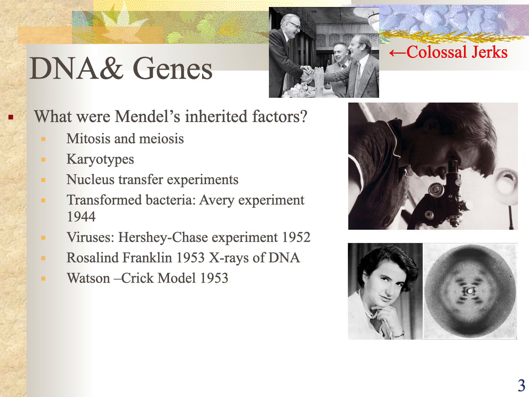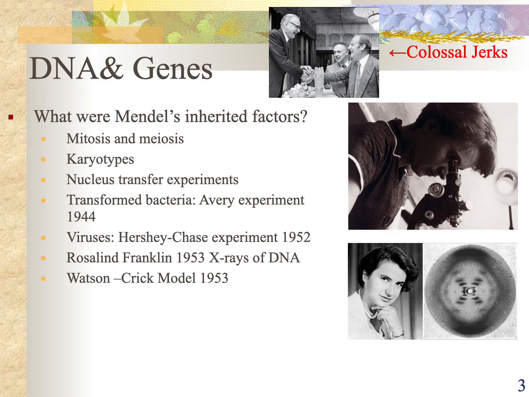There had been a lot of information building up over time that the inherited factors had to be in the nucleus, and they were probably related to the chromosomes. We knew that if you transferred a nucleus from one cell to another, that cell began to look like the cell that the nucleus came from, and that the nucleus could direct inherited factors to make traits.